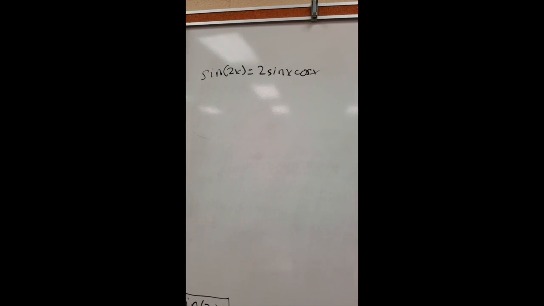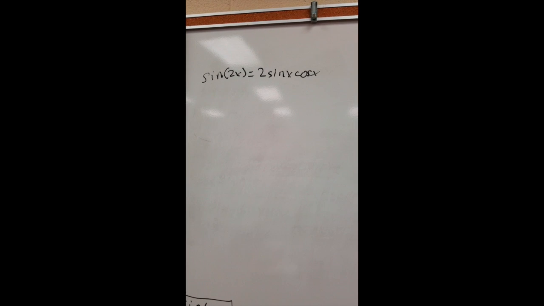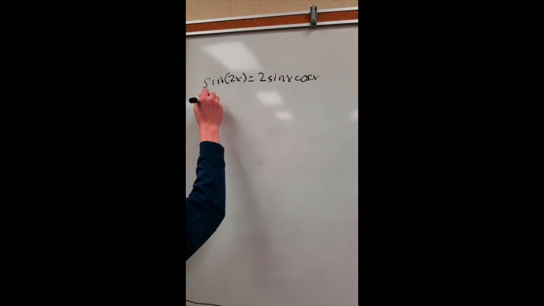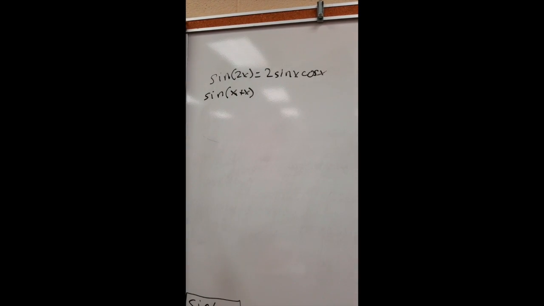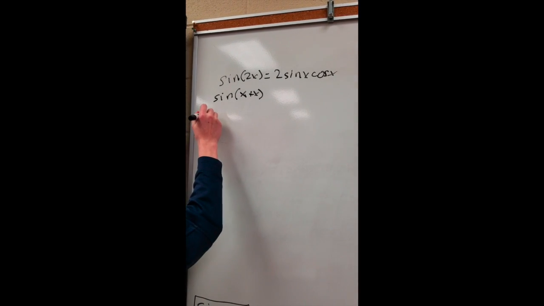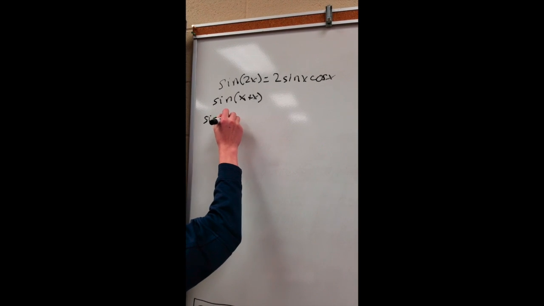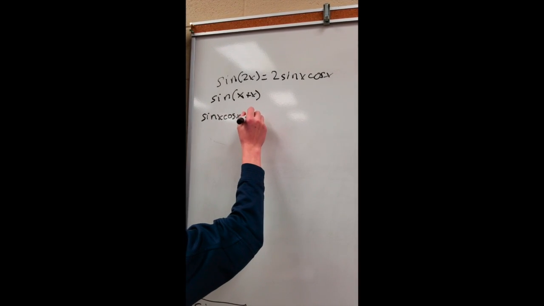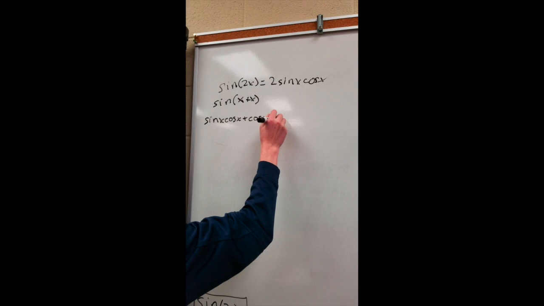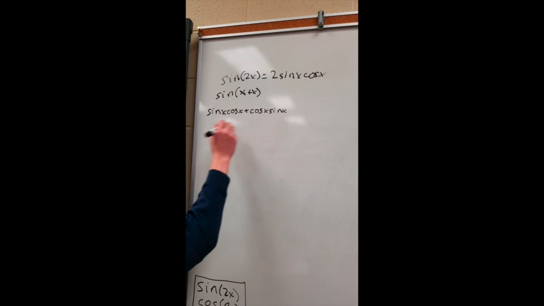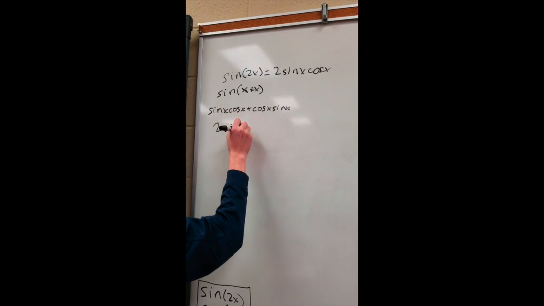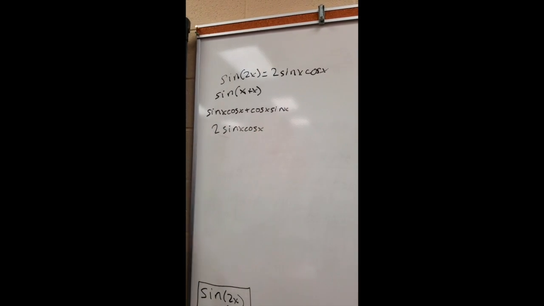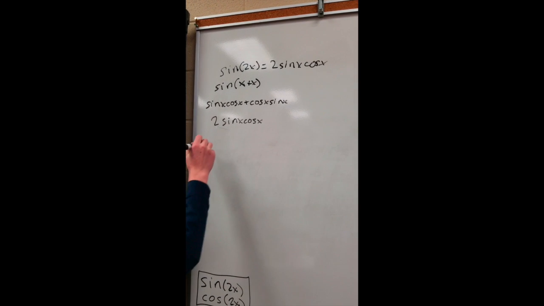If we remember our compound angle identities, we can split this up: it's x plus x, and that's a compound angle identity. So we can do sine x cos x plus cos x sine x, and rearrange that. These are the same thing, so we can combine them into 2 sine x cos x. And there's the identity.